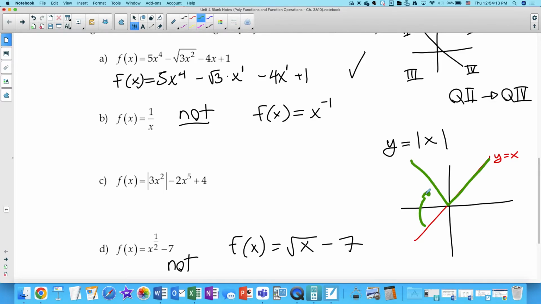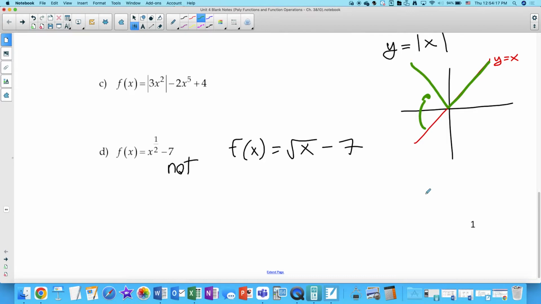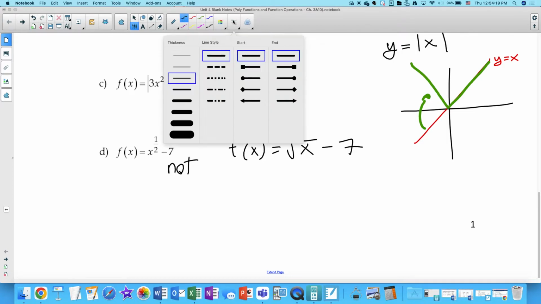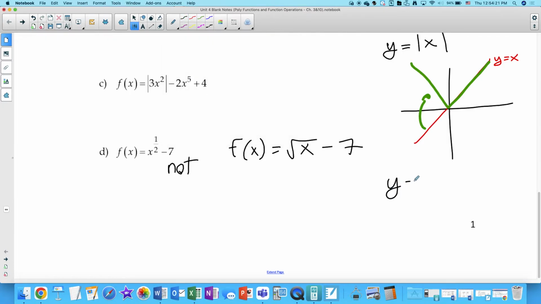Consider this. What if you had y equals the absolute value of x squared? If we graph y equals x squared, I'll do that in red, it's the same.